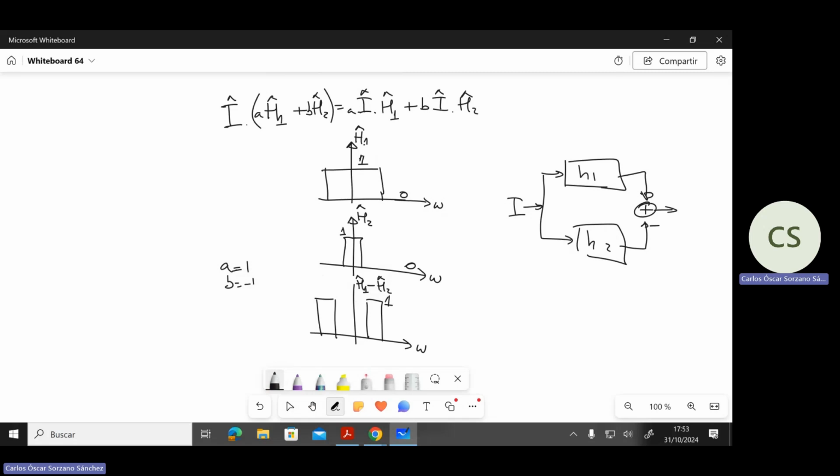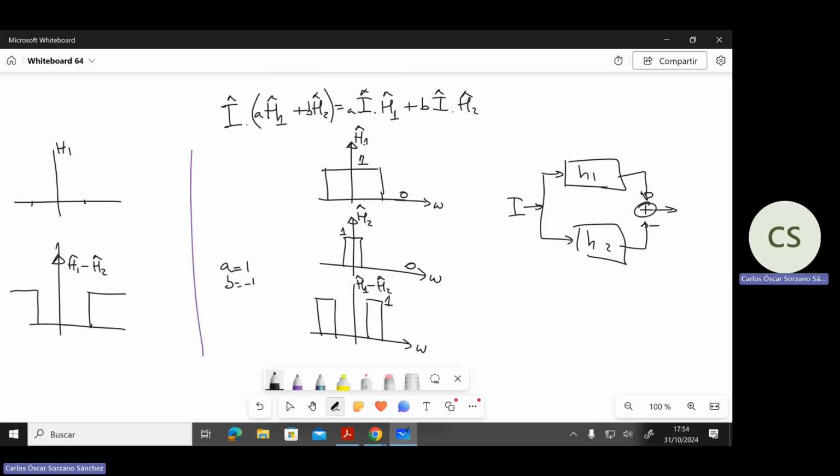And this also gives us a clue how to do high pass filters. So a high pass filter looks like this. The design looks like that: H1 minus H2.